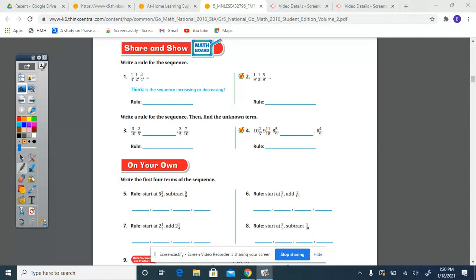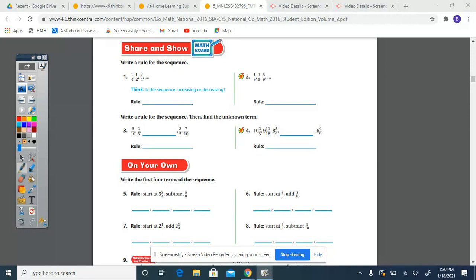Okay, let's look at another problem together. So let's look at number 3. Actually, let's look at number 10. Not 10. I was looking at number 4. Number 4 starts with 10 and 2/3, then it goes down to 9 and 11/18, then it goes down to 8 and 5/9.